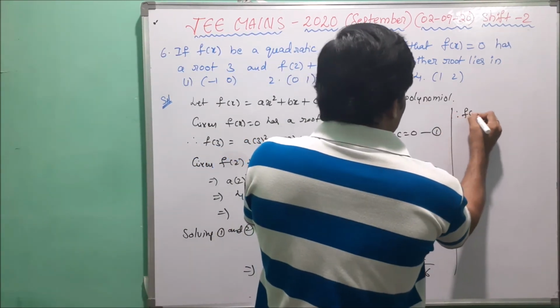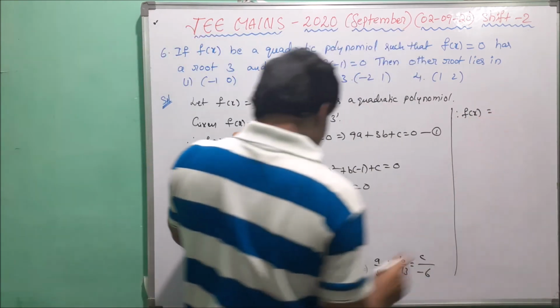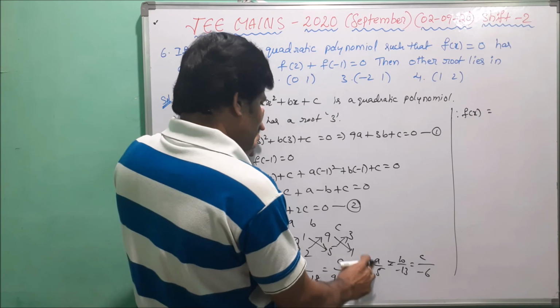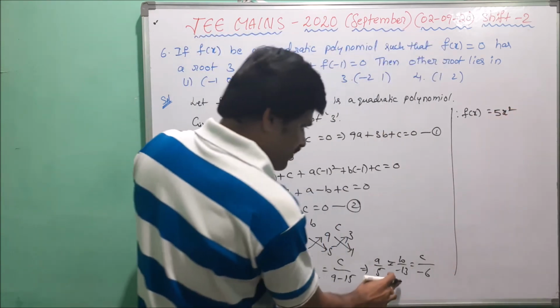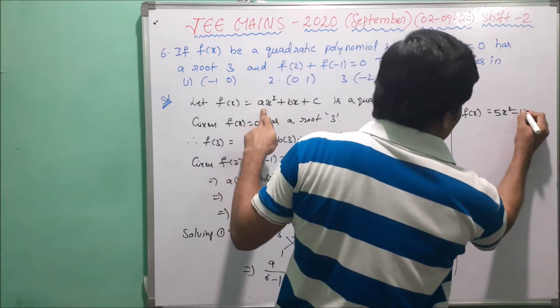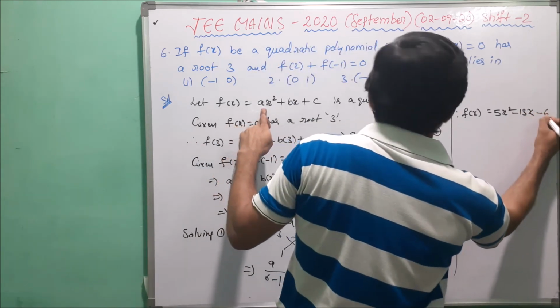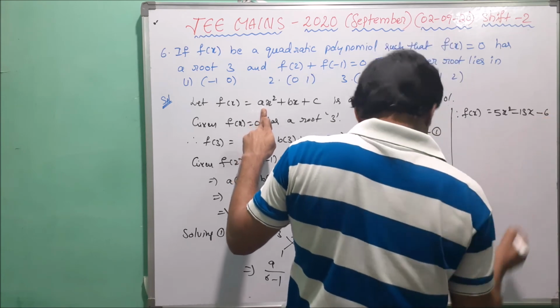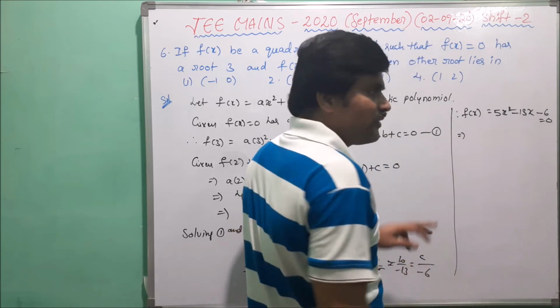Therefore the quadratic polynomial is f of x equals, with a equals 5, 5x square, b equals minus 13 x, c equals minus 6, equal to 0. Now it can be factorized.